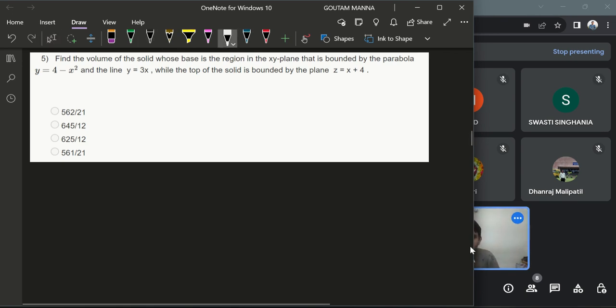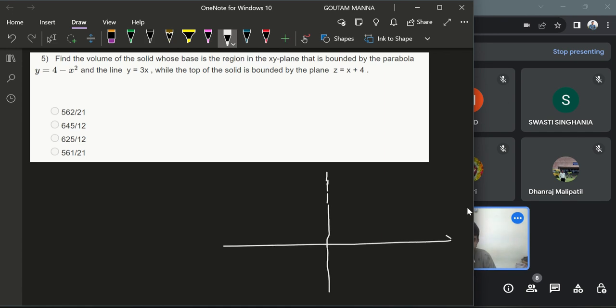Okay, so let me draw the xy plane, how the boundary looks like. This is x, y, so y equals 3x, like this. So this is y equals 3x, and the parabola will be y equals 4 minus x square.